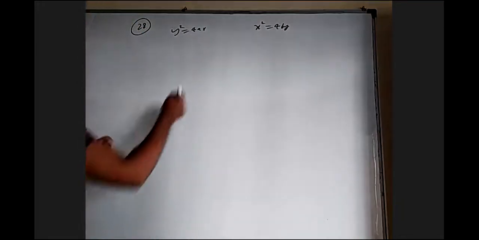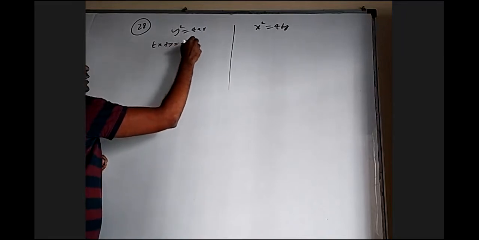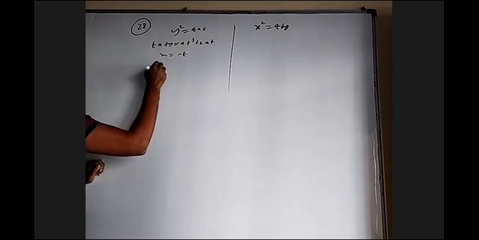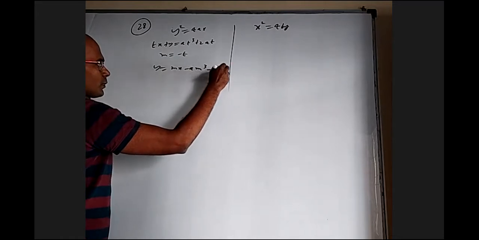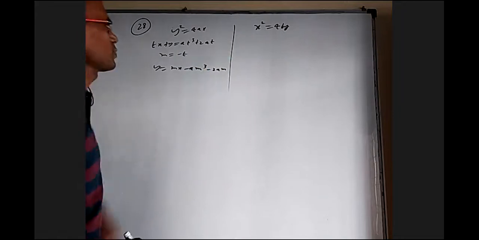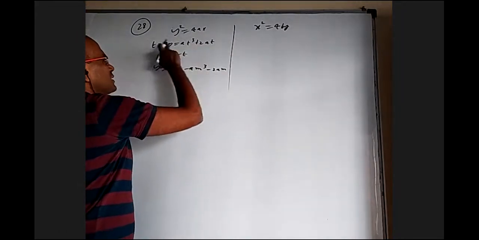What is the general normal to the first one? Actually, for this one the normal is tx plus y equal to 2at plus at cube, where the slope is actually minus t. So from that we'll get y equal to mx minus am cube minus 2am. This is the general normal to this. Let us say what is the normal to this one. This and this are almost the same, where I have to just interchange x and y.